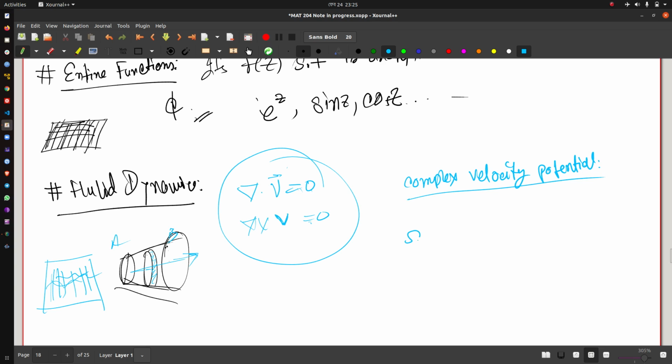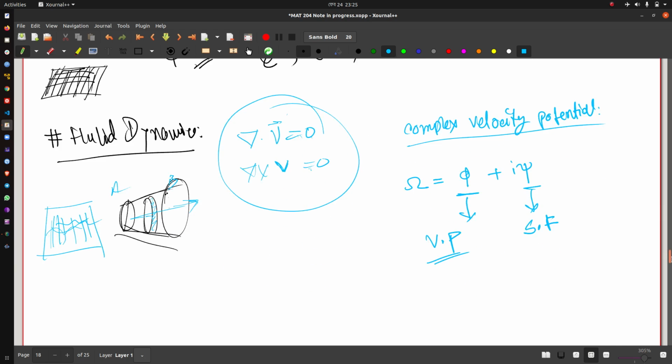Let's say this is your complex velocity potential, and you have a real part and an imaginary part. This part is known as the velocity potential, and this is known as the stream function.